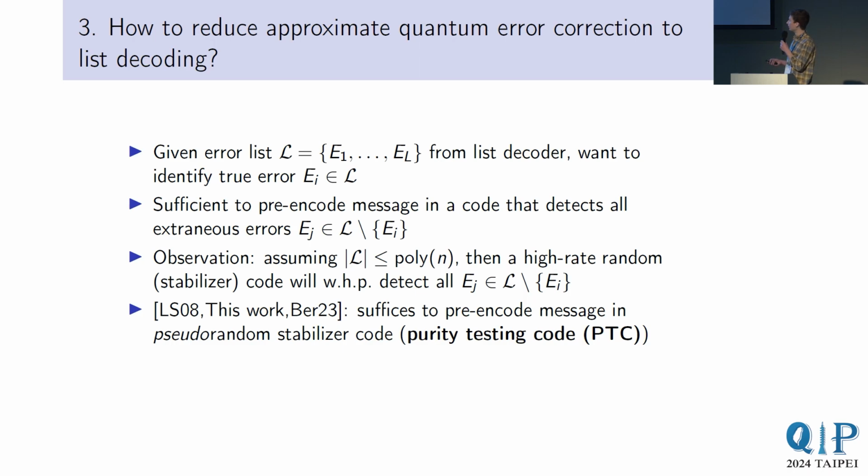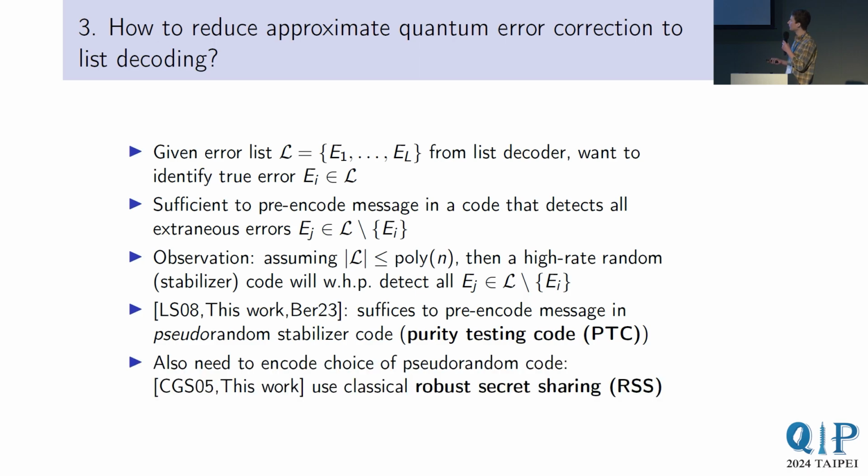And it turns out that this suffices in place of the random code. We then need to convey the choice of pseudo-random code to the decoder, but now there are only a few random bits, so we can use a classical robust secret sharing scheme. It's a primitive that was already known, and that can communicate our classical secret key.